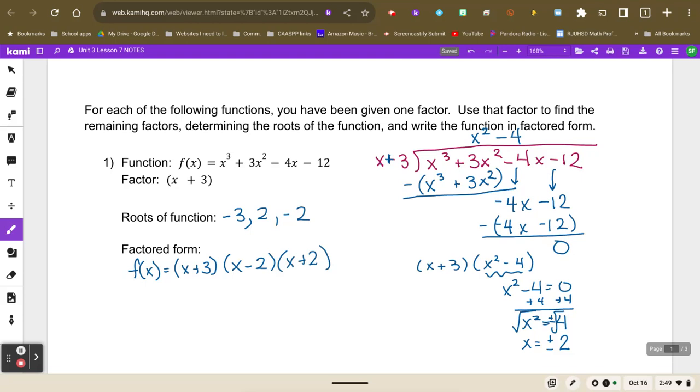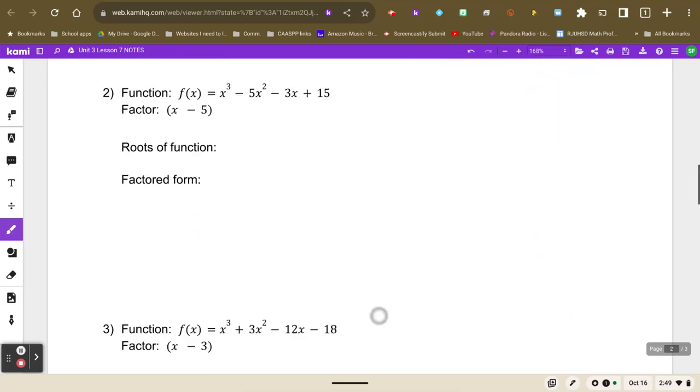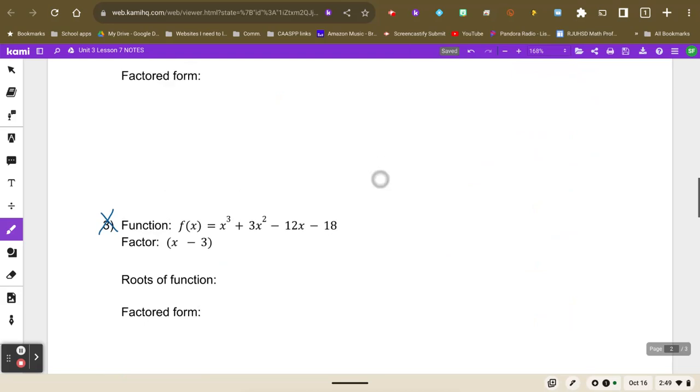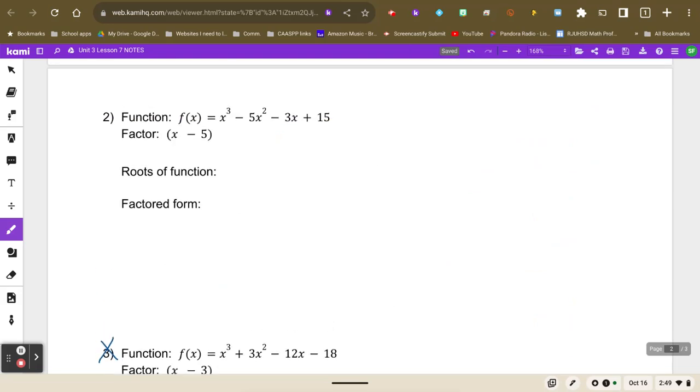All right, so let's go ahead and look at the next one. And right now I am going to have you cross off number 3. We are not going to be doing that one this time. Okay, same thing. We're going to simplify what we can.